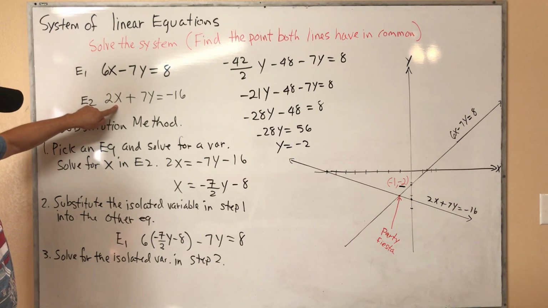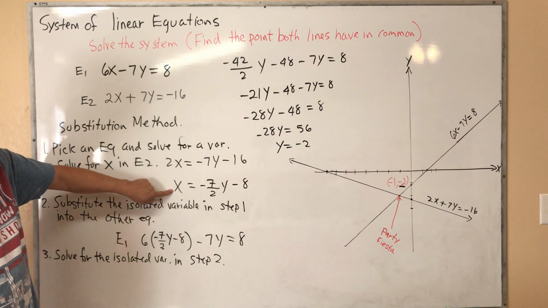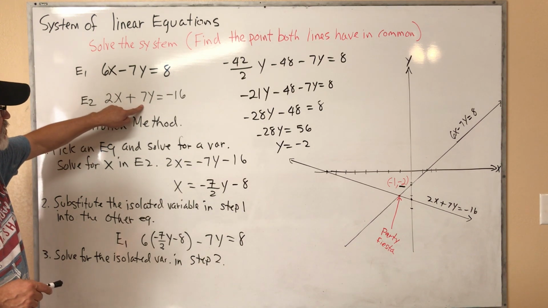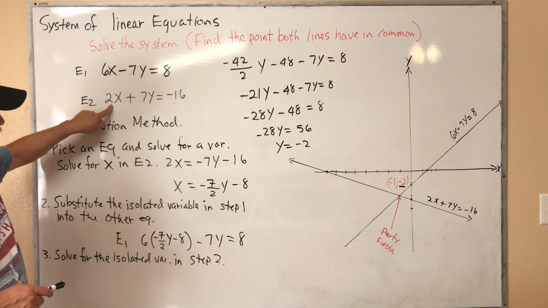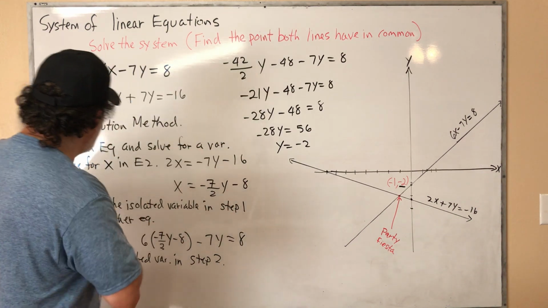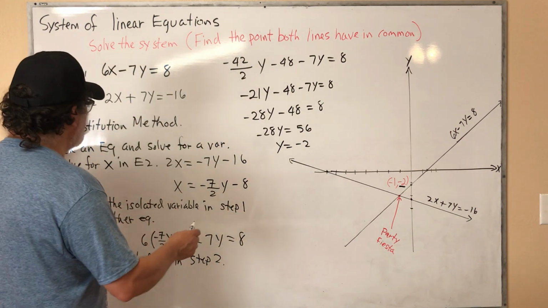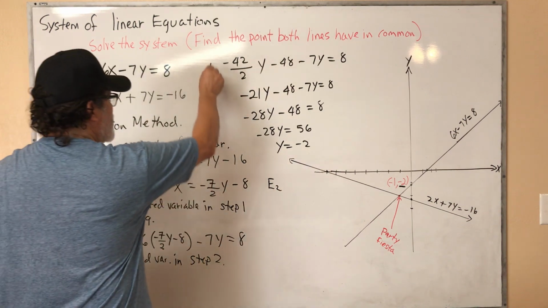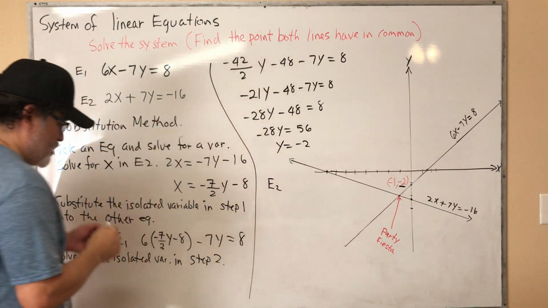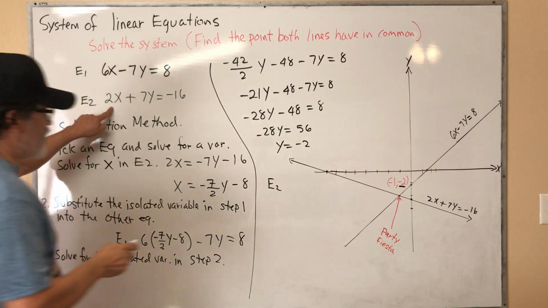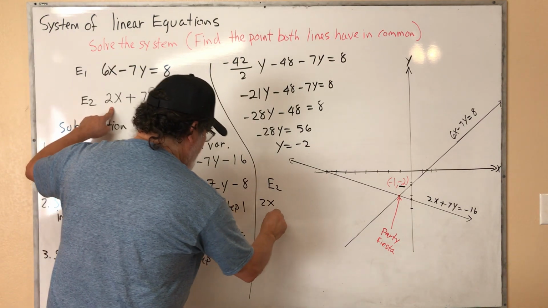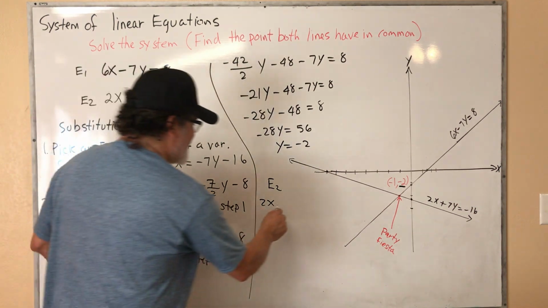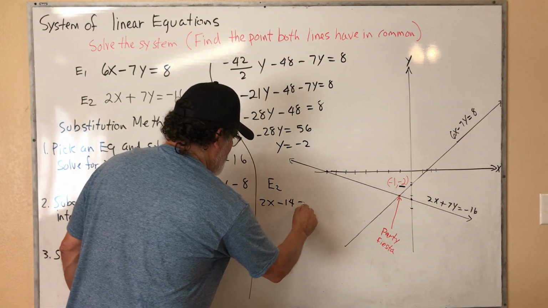If you go there, it's the same thing as going here. I'm going to go to equation 2, just to satisfy you guys. Watch this. If y is -2, equation 2 says 2x, what's 7 times -2? -14 equals to what?